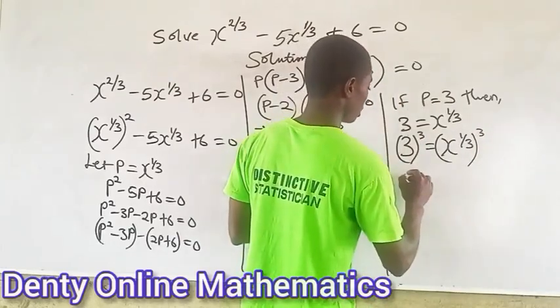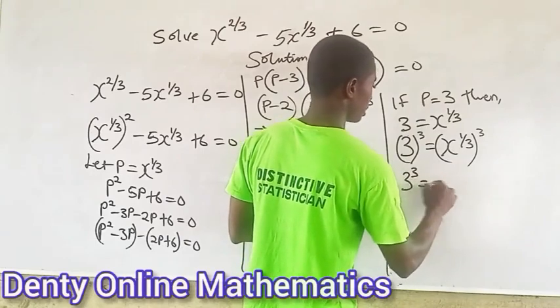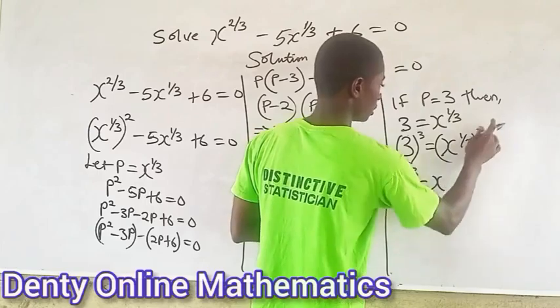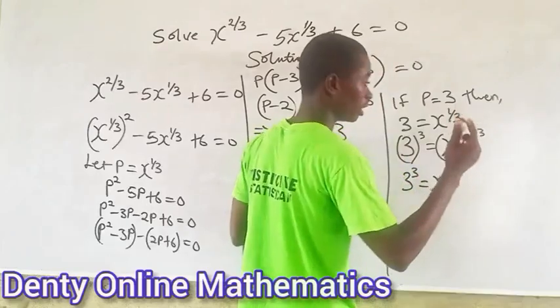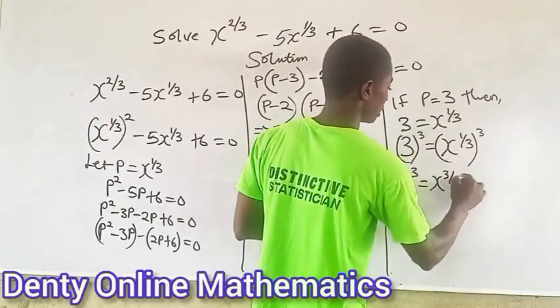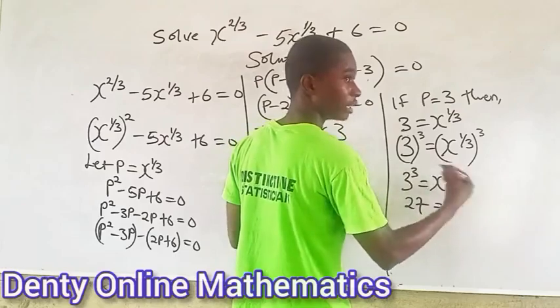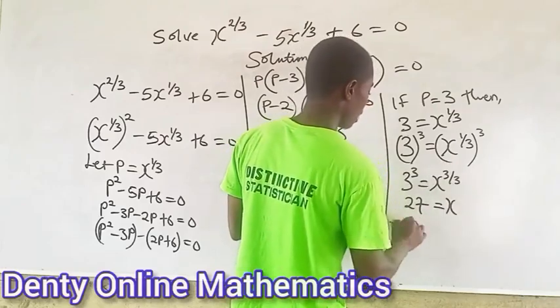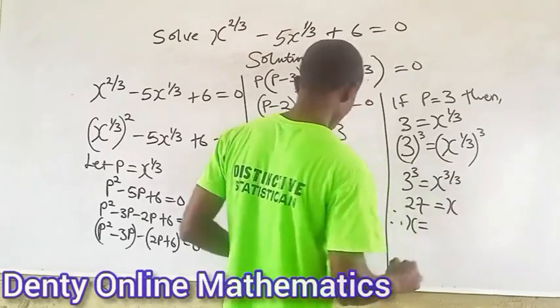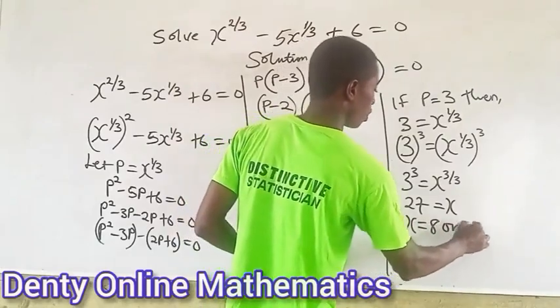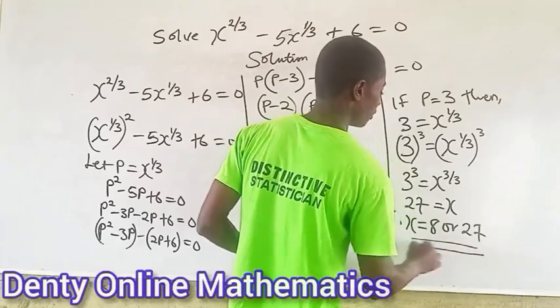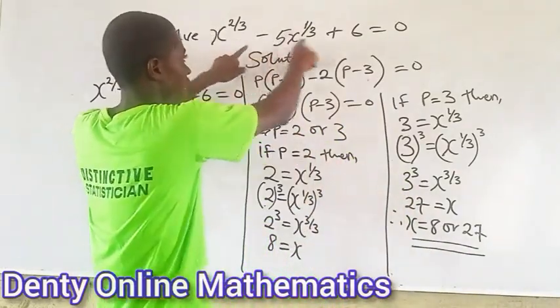So 3 power 3 is equal to x power 3 over 3, by the law of indices. 3 divided by 3 is 1, so it's the same thing as x. Therefore, x is equal to 8 or 27, and those are the values that satisfy this equation.